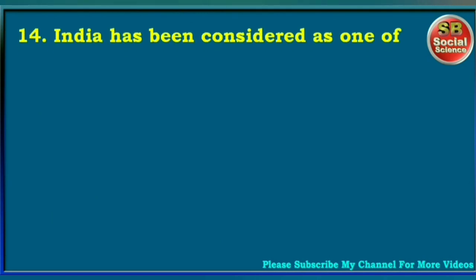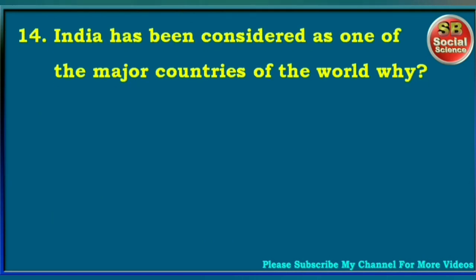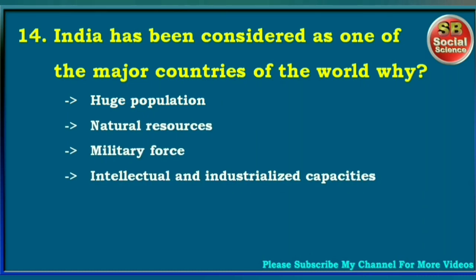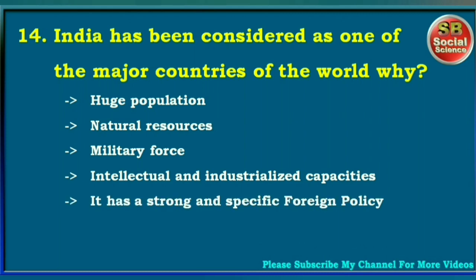India has been considered one of the major countries of the world. Why or how? Let's see the answer. Huge population, natural resources, military force, intellectual and industrialized capacities. Then it has a strong and specific foreign policy and is a sovereign country.